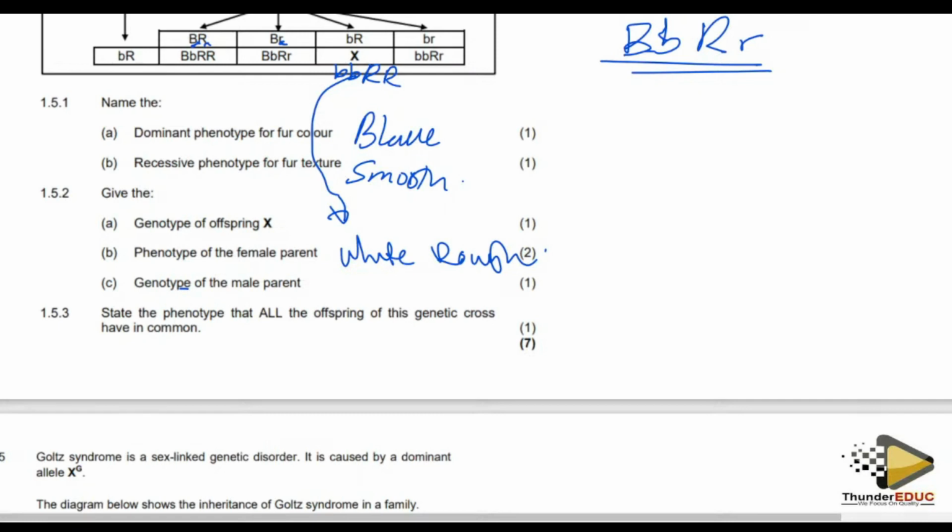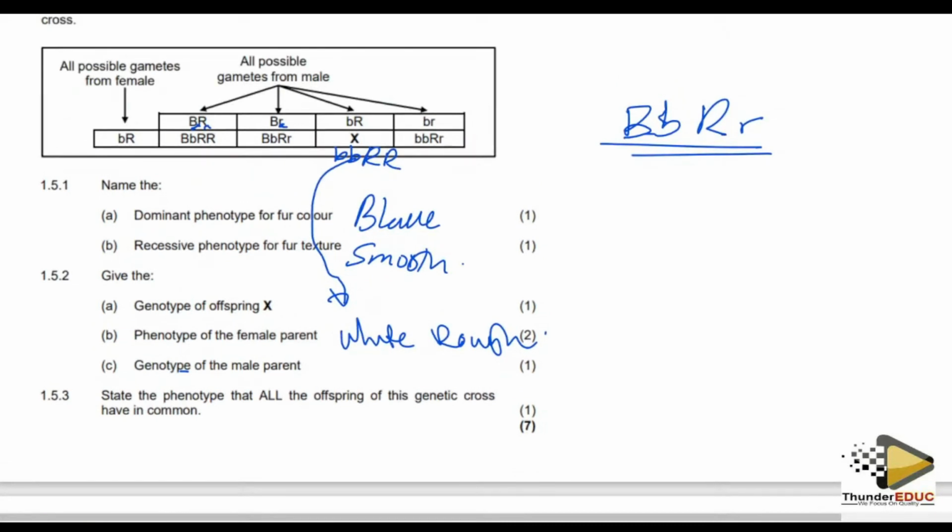All possible. State the phenotype that all offspring of this genetic cross have in common. They're not just saying offspring, they're saying what they have in common.